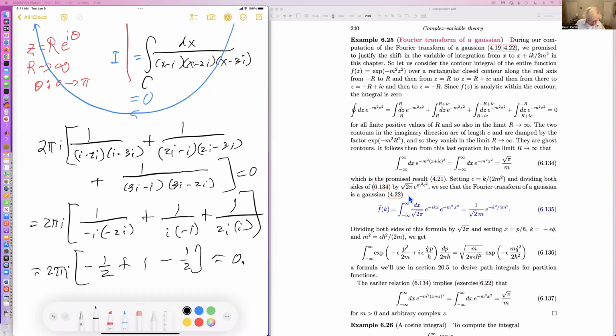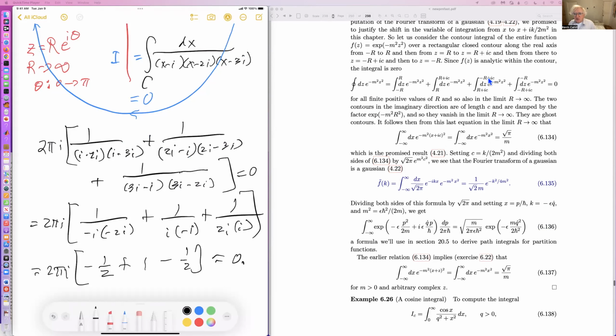Once you have a closed contour, you can apply Cauchy's integral theorem, which says the integral of an analytic function along a closed contour in a region of analyticity with no singularity is 0, or Cauchy's integral formula, which is what I used here.